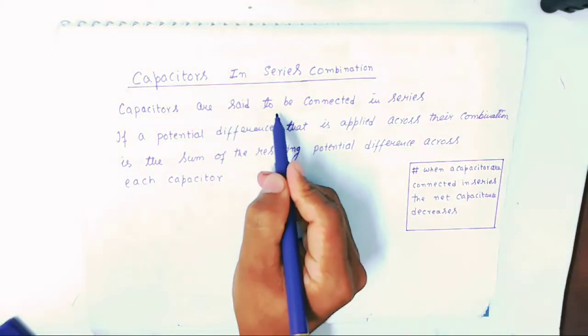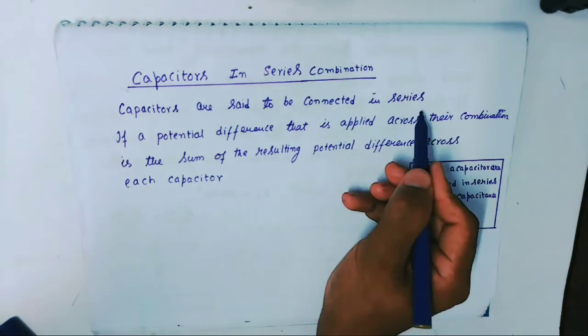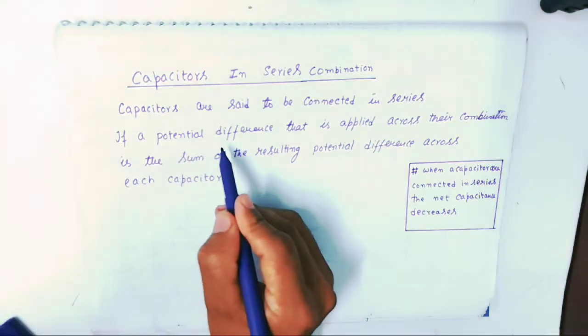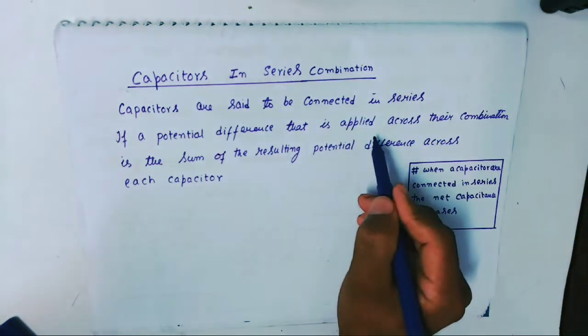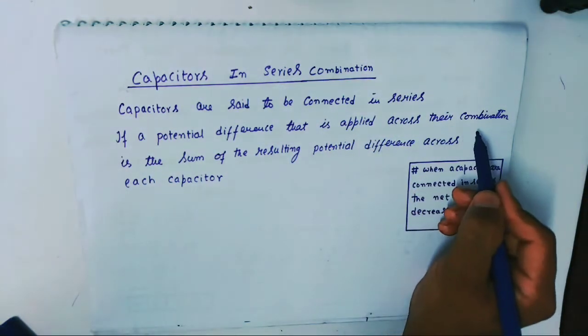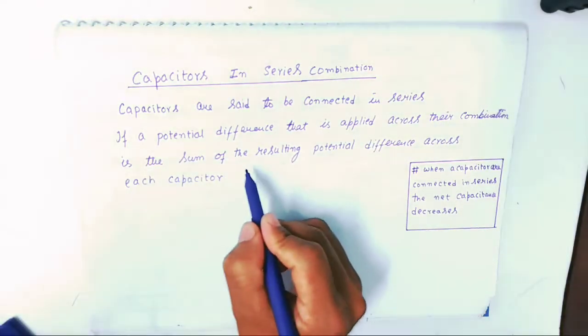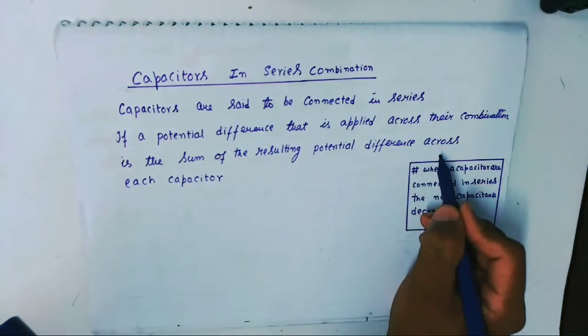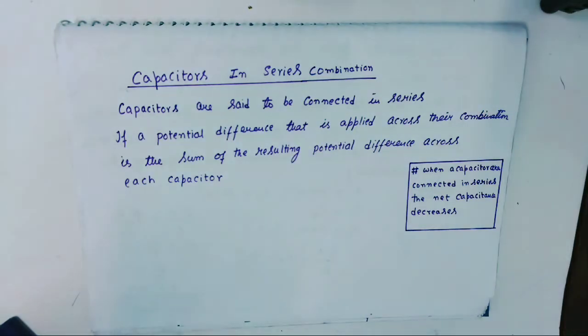Capacitors are said to be connected in series if a potential difference that is applied across their combination is the sum of the resulting potential difference across each capacitor.